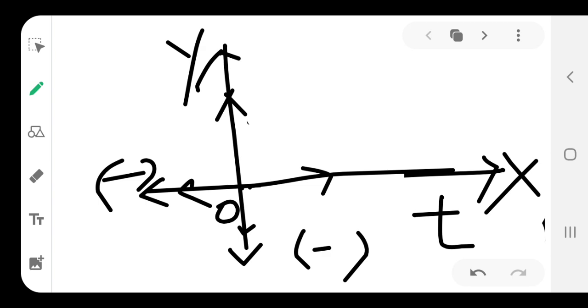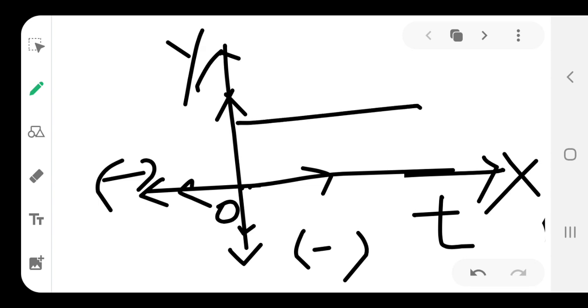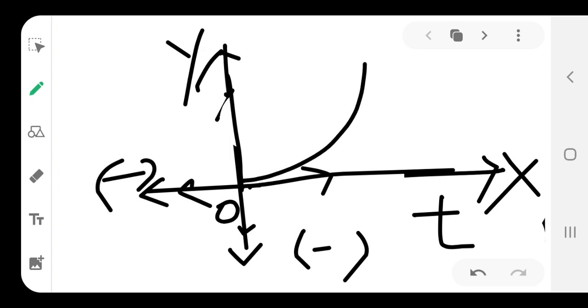So, a straight line graph, whenever we draw a straight line graph like that, it has a single slope. And when we draw something like this, it is called a curved graph.